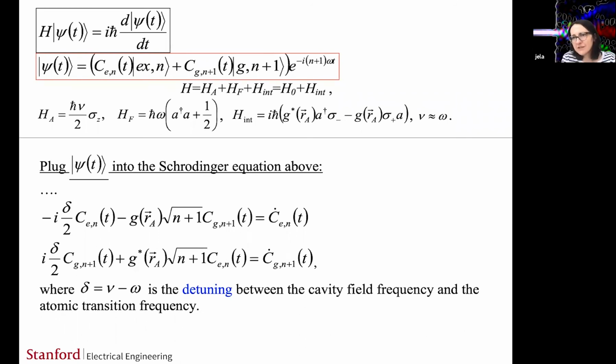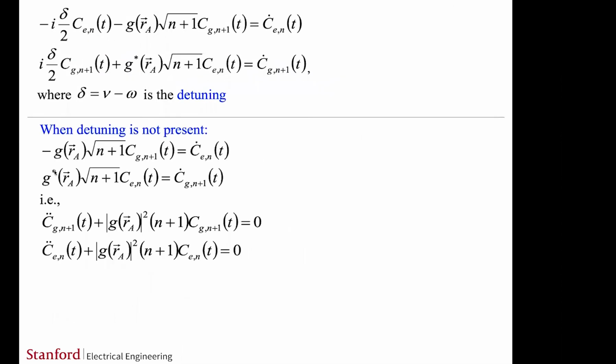You apply a derivative, right? And then you combine them. So without detuning, you will just obtain equations where the second derivative of one coefficient is proportional to that same coefficient times some frequency. But if there is detuning, you can still solve for it, but it will be a little bit more complicated.